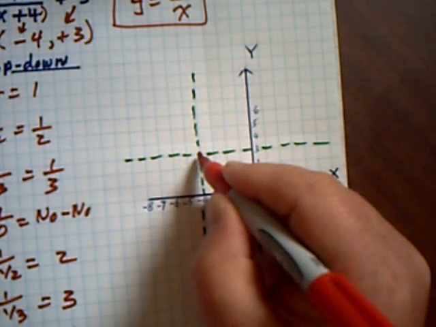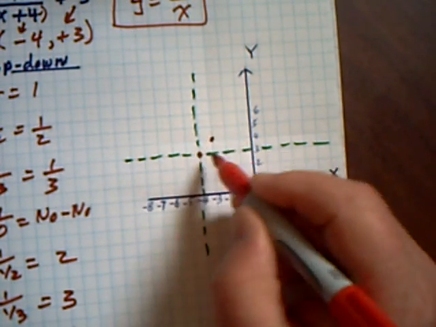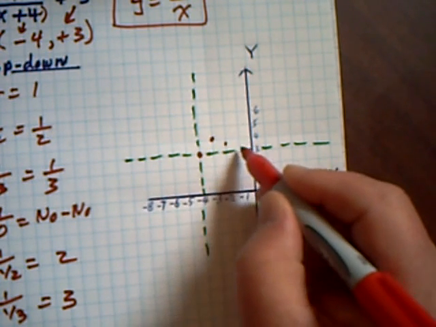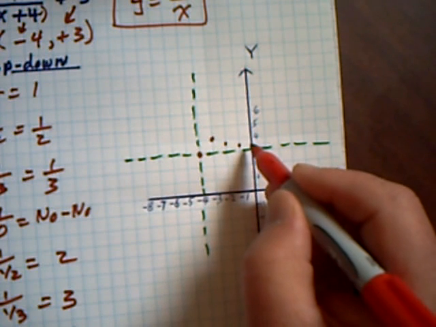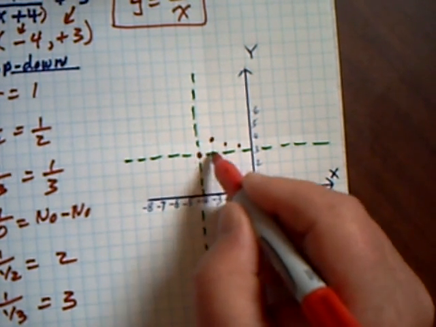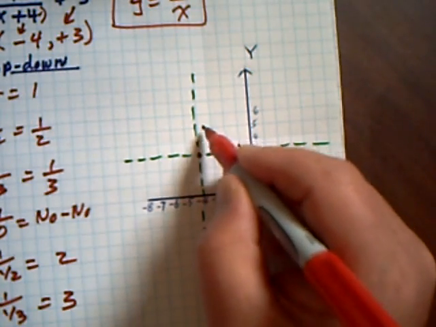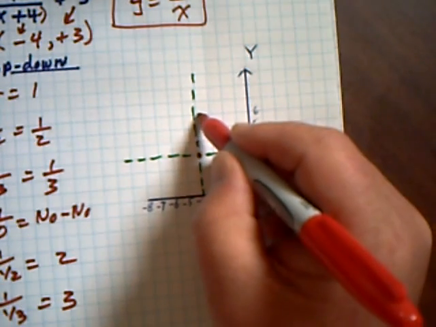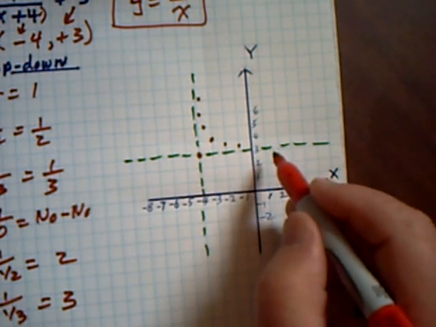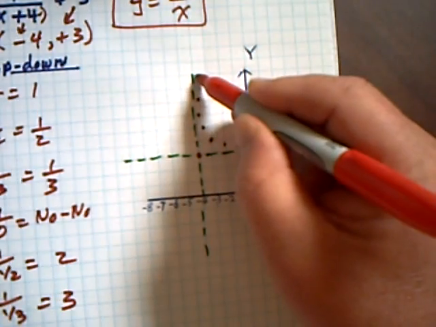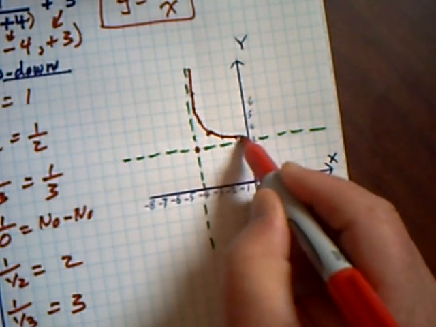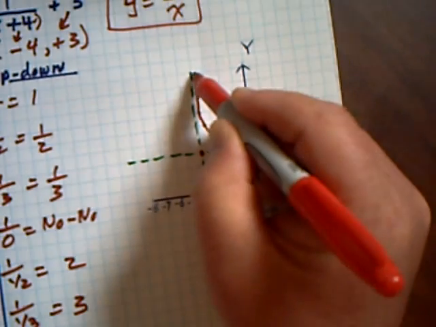So starting here, over 1, up 1, right 2, up a half, right 3, up a third, right 0, nothing happens, right a half, I go up 2, right a third, I go up 3, right a quarter, I go up 4, etc. So this graph is an asymptote there, curls around, and it becomes an asymptote here.